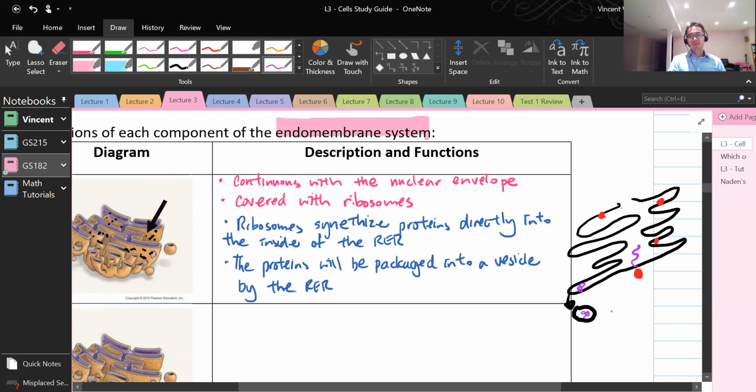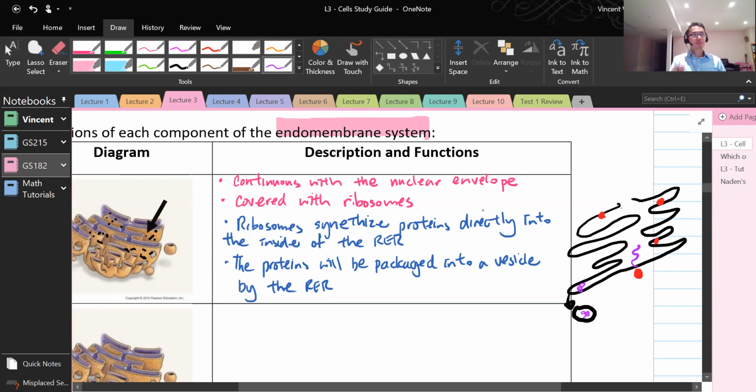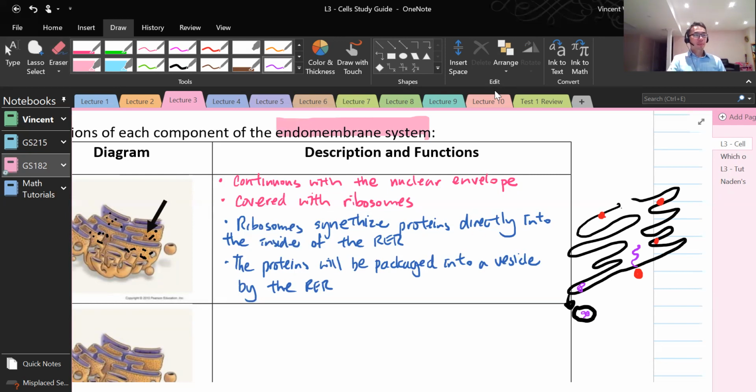The inside of the rough ER is hollow, and that's where the protein is going to go. It flows towards the edge, folds up in its final shape, and this part pinches off into a vesicle. To summarize in one very simple sentence, the rough ER, along with ribosomes, helps make proteins and package them. Any questions?